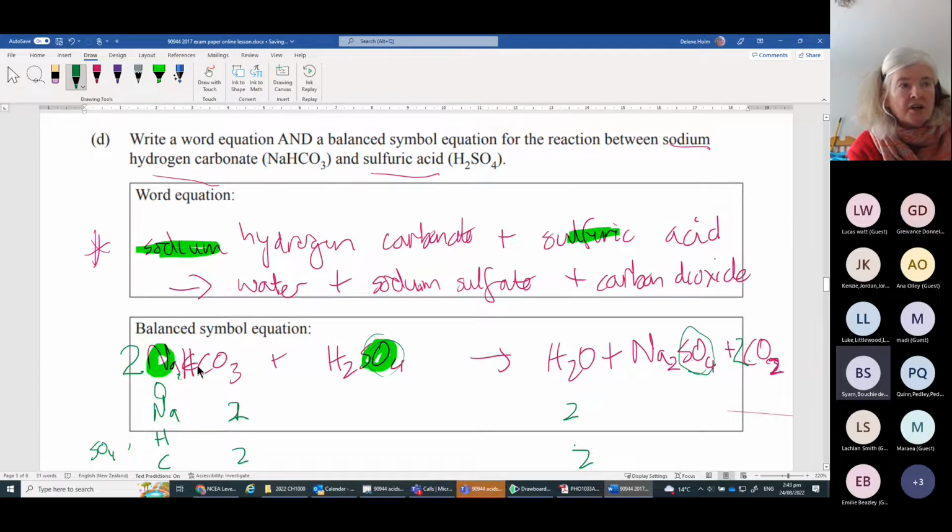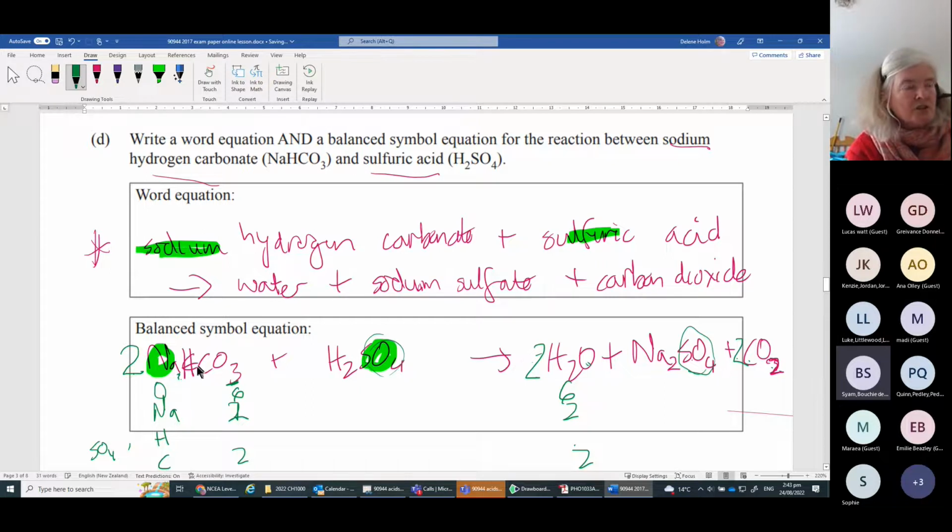And now we have oxygens. So I've got 2 times 3 oxygens on this side. I've already counted for sulfates, so I'm ignoring that. So I've got 6 oxygens, and here I've got 2 times 2 is 4 carbon dioxide, so I need a 2 in front of there. So 2 times 1 is 2, so 2 plus 4 is 6, and then my hydrogens should work out.